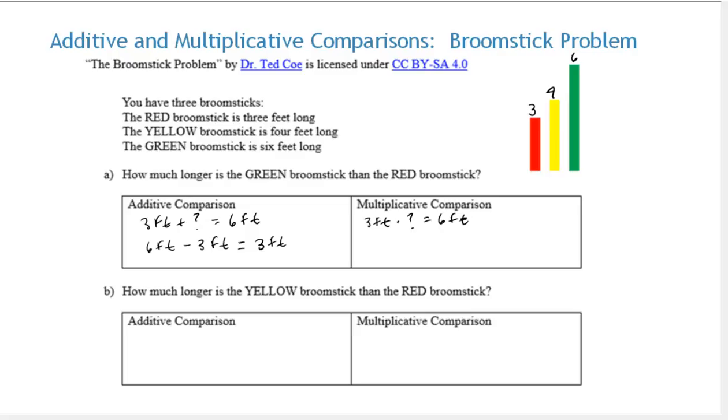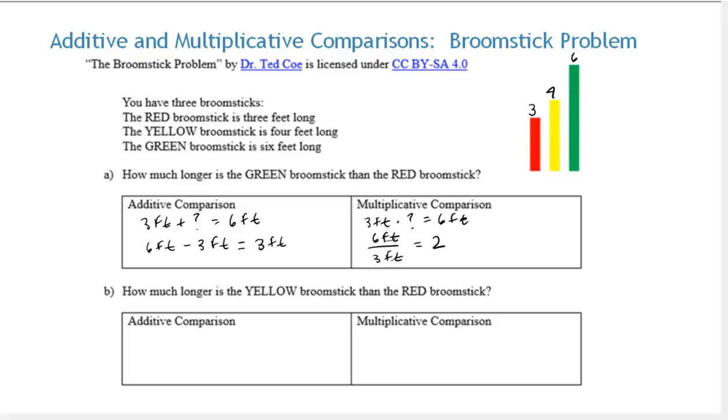To find this result, we can write a ratio. 6 feet divided by 3 feet equals the number 2. And when we have a ratio and the units are the same, the units actually cancel out, and we could think of them as canceling out to 1. So our result is just 2. We wouldn't say it's 2 feet times longer. The green is 2 times as long as the red broomstick.